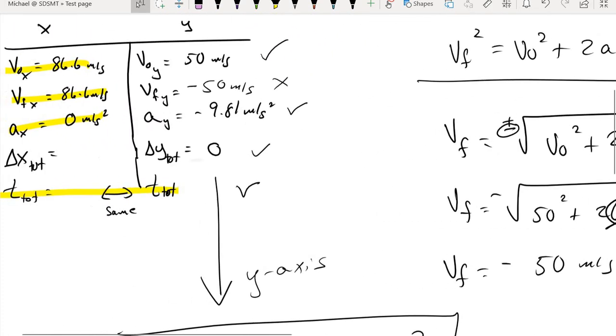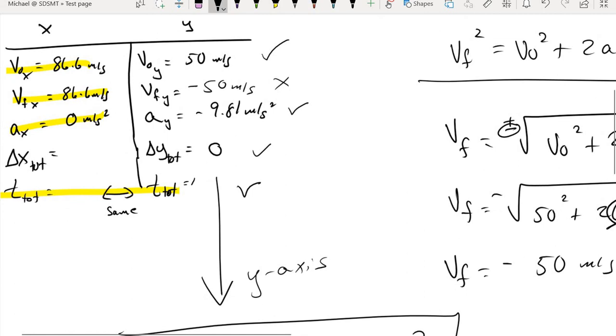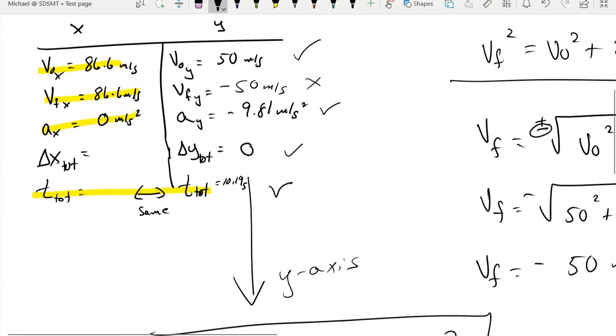So for our delta x values, now that we have a total time of 10.19 seconds, we can use that in the x direction to solve for the total x displacement. We have a constant velocity of 86.6 meters per second, and we have a time of 10.19 seconds to travel.